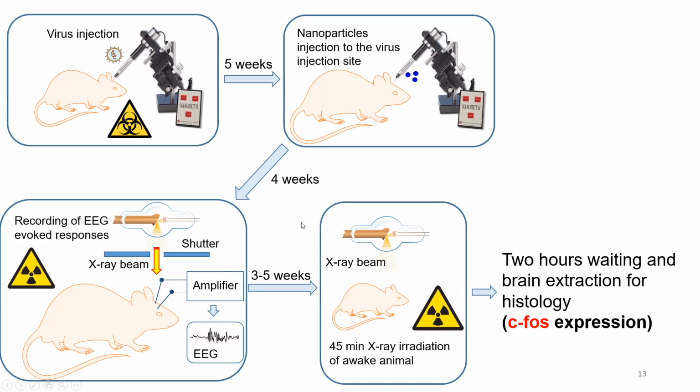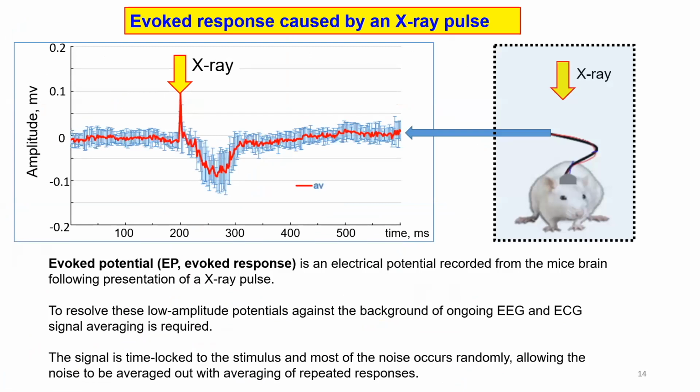At first, we used a live animal to check the activity of particular neurons using EEG recording, just transcranially, from above the skin. And we saw that in response to an X-ray pulse applied to the whole animal, we saw a very clear evoked response.